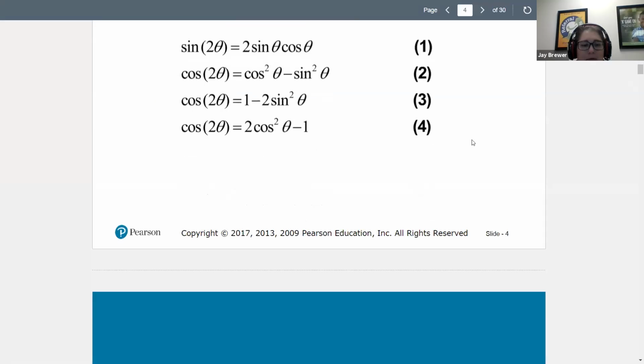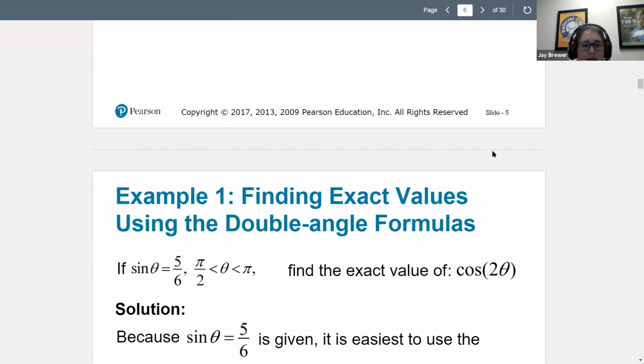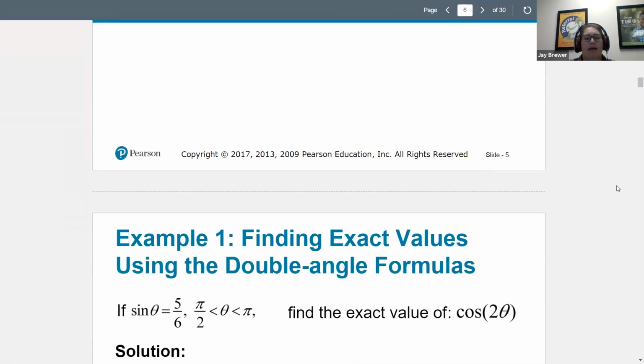To example 1. So this is why I don't like the PowerPoint so much, because it just kind of blurts the answer out at you, and I like you guys to think about it. So we're going to use cosine of 2 theta, and what we're given in this situation is sine theta equals 5/6, and our restriction is from pi/2 to pi.